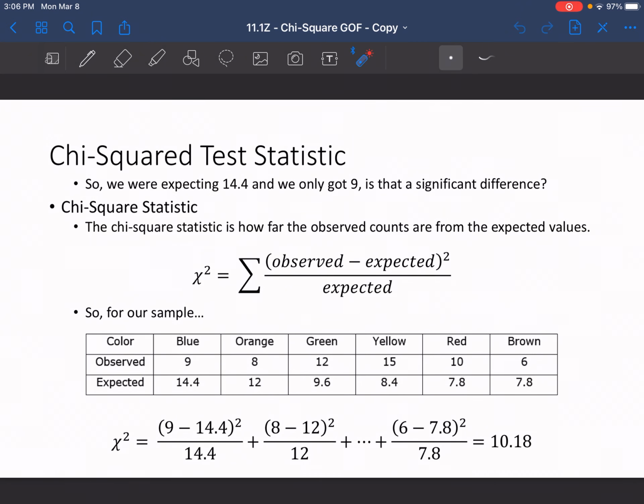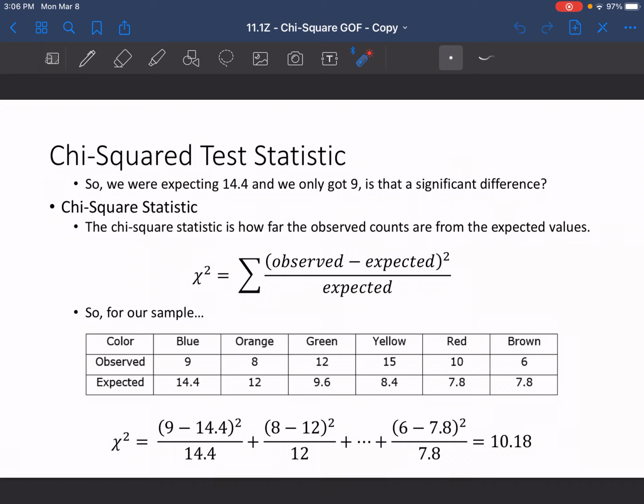So if we were wanting to find our chi-squared test statistic, since we were expecting 14.4 and we only got 9 blue candies, is that a significant difference? Our chi-squared statistic would be finding the observed minus the expected values squared, divided by the expected values. And this essentially is how far the observed counts are from the expected values.